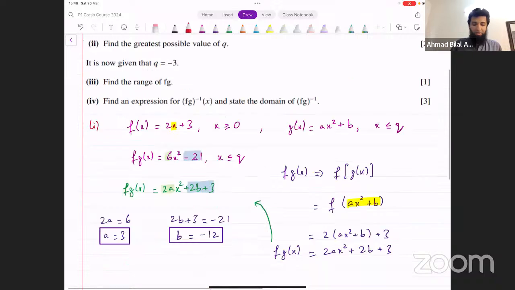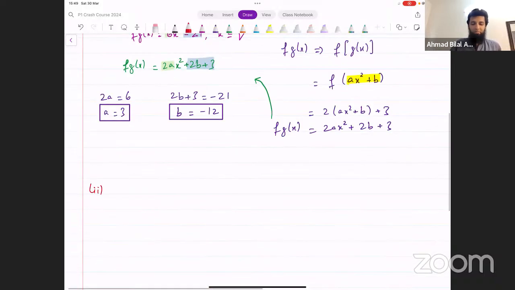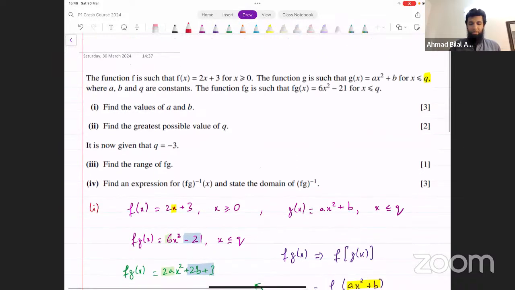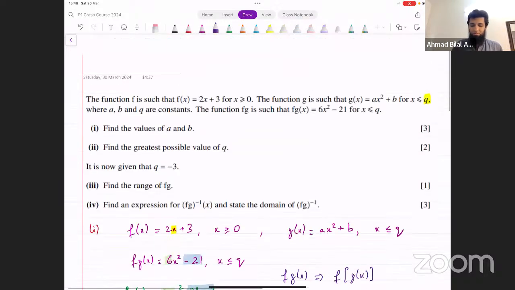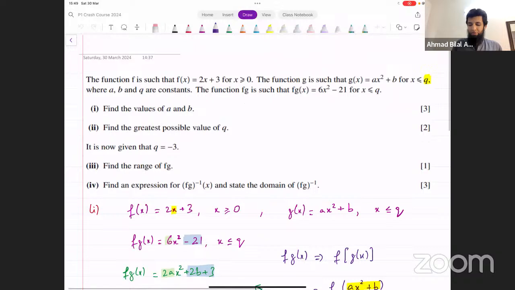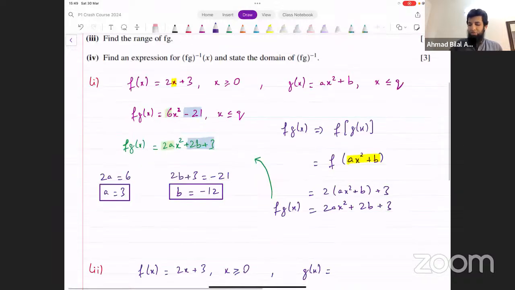Now this is quite tricky. It basically uses the concept that we have just done. Remember when a composite function can be formed? We have a function f of x, and that function is 2x plus 3. And we're given that the domain of this function is x greater than or equal to 0, right? And we have another function g of x, and that function is ax squared plus b.